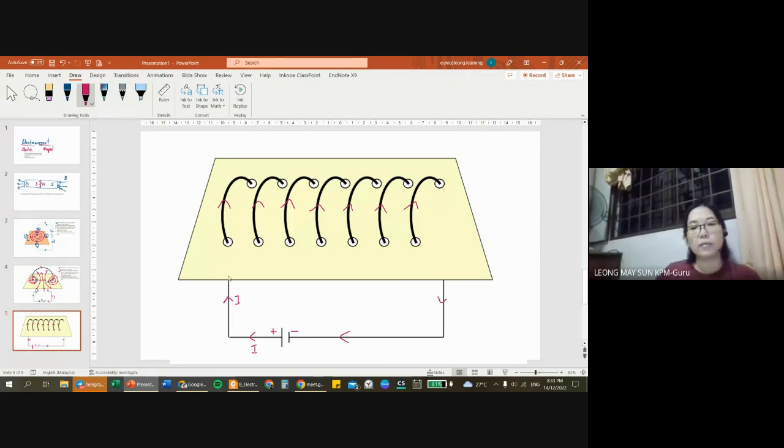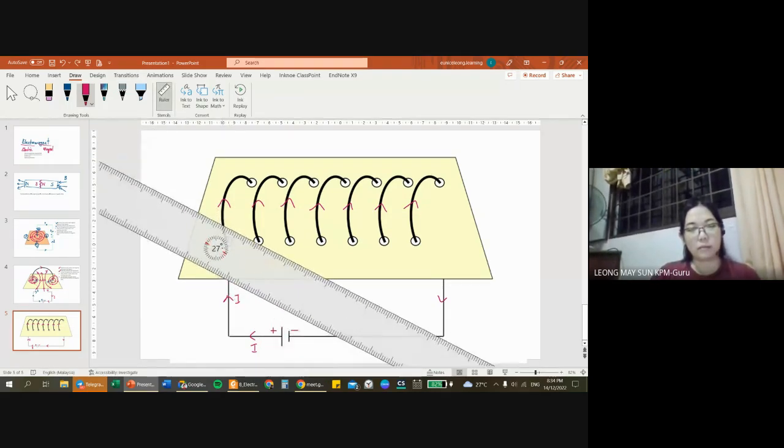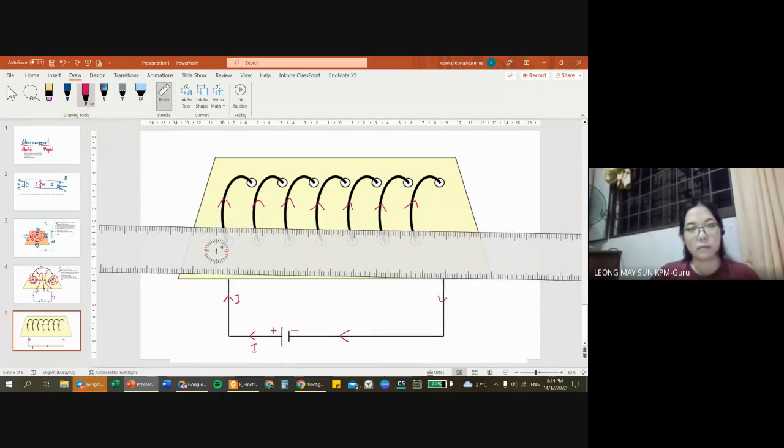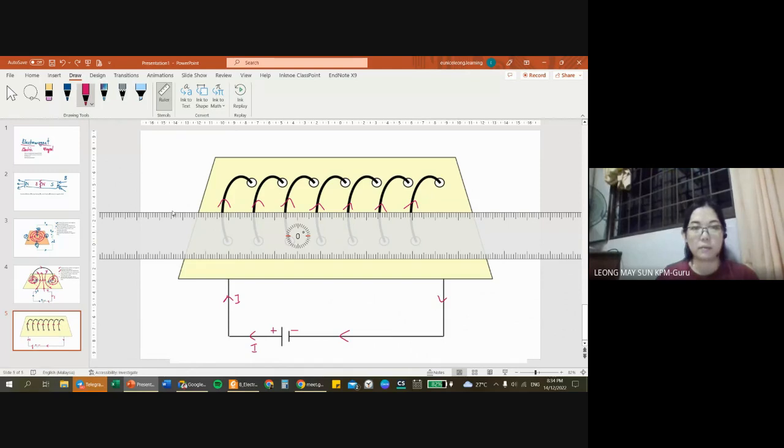Okay, now, how am I going to draw the magnetic field lines? Number one, draw a straight line in the middle. I'm going to use a ruler. Okay, I'm going to draw a straight line in the middle, and I'm going to draw a line over here.